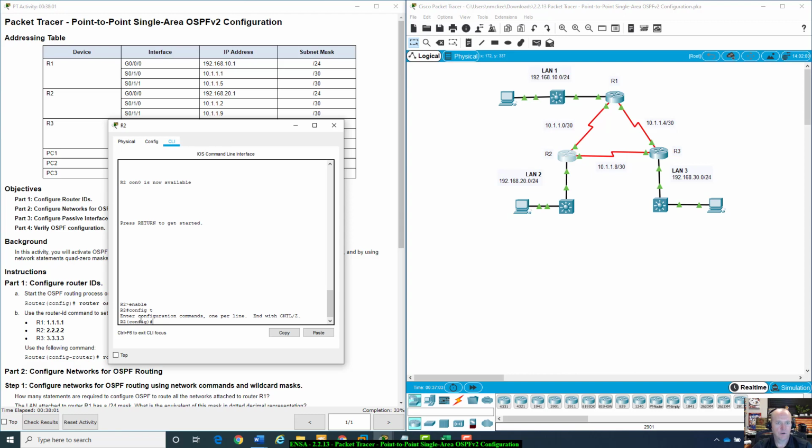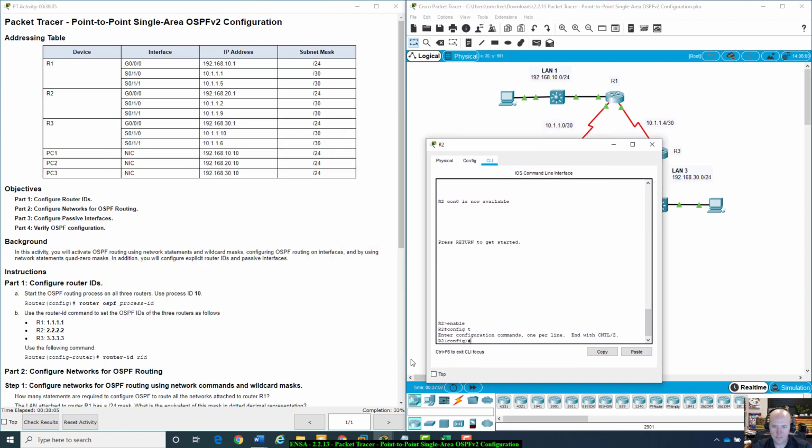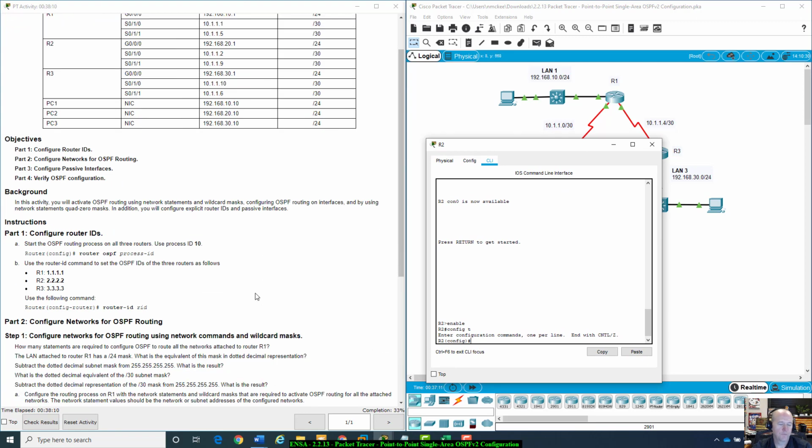All right, and again, see how it's easy to start off just with global config, but we actually have to go back into the router OSPF. If I do router OSPF by itself, I'll put the process ID in just to be sure.